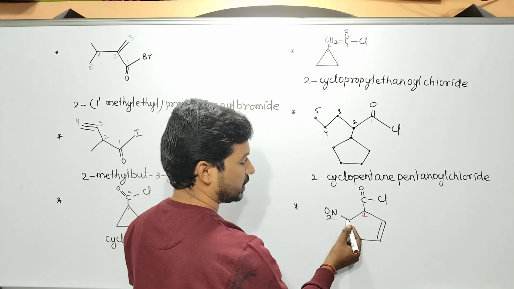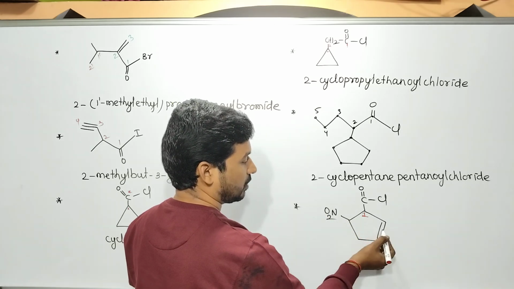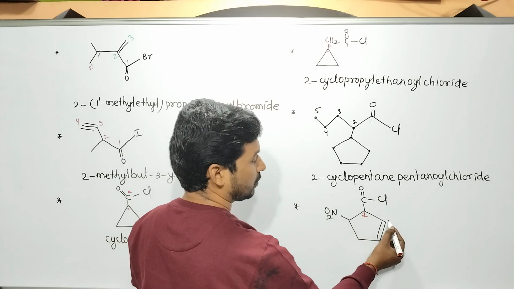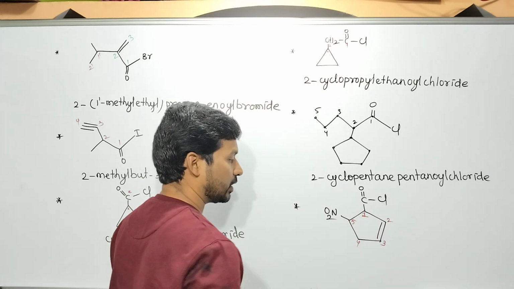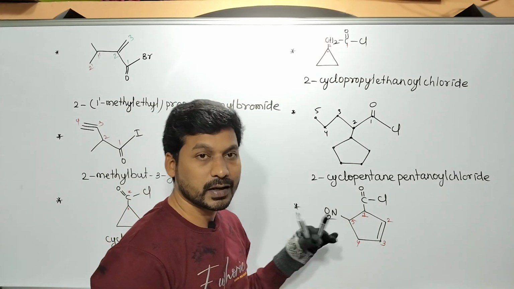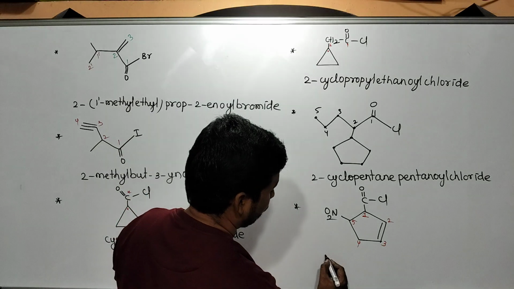So this is 2 or this is 2. The NO2 group is a substituent. Between the double bond and the substituent, which one has more priority? The double bond has more priority. Double bonds and triple bonds have more priority than nitro, halo, and alkyl groups. So what is the IUPAC name?